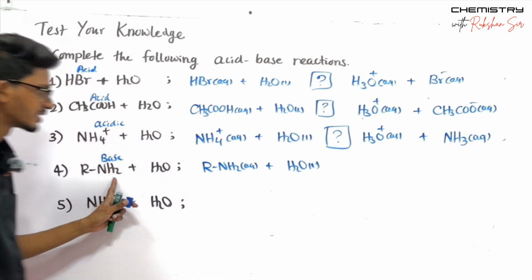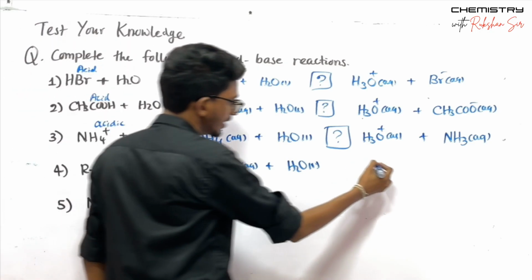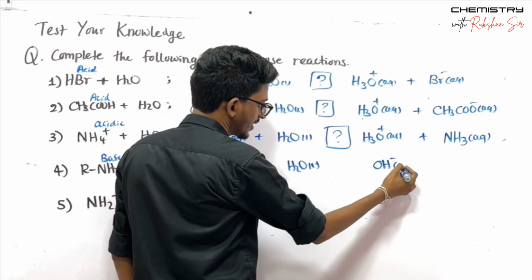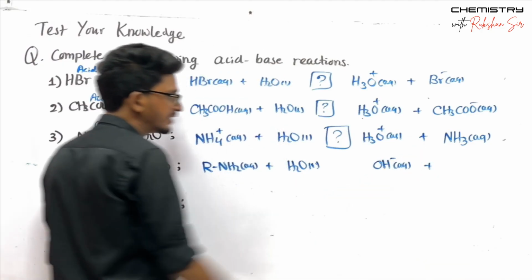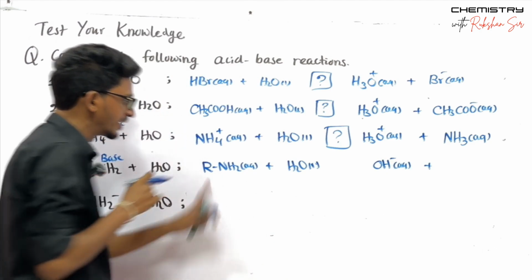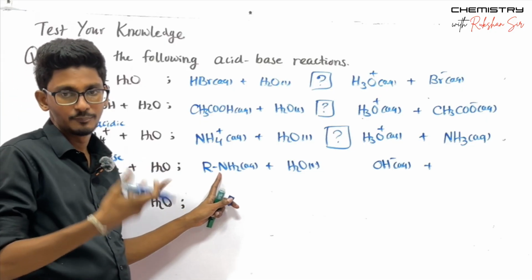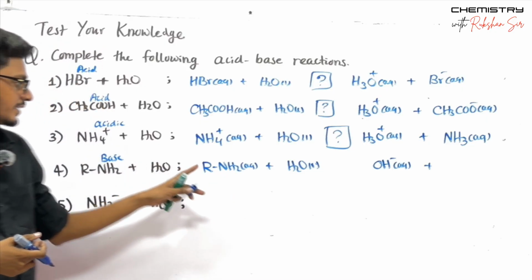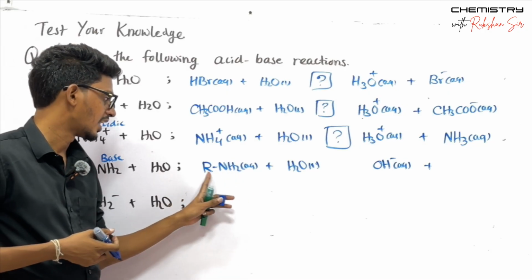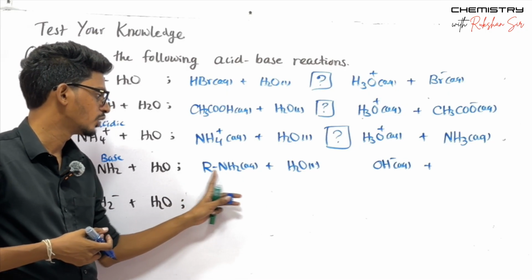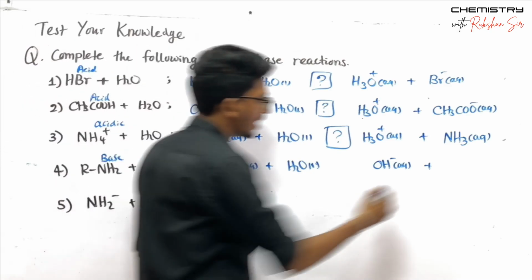As it's a base, it should produce OH minus, with its conjugate acid. The conjugate acid means the one with more H pluses. So just add an H plus to RNH2, and that will give you RNH3 plus.